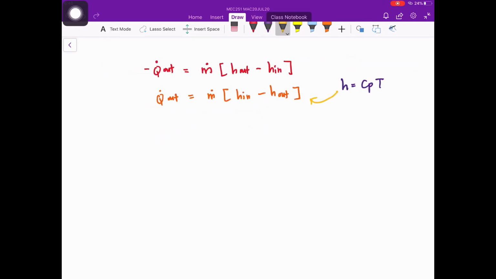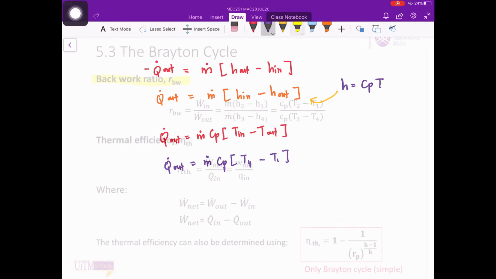If we substitute enthalpy with specific heat at constant pressure Cp times temperature T, since the working fluid is an ideal gas, the final steady flow energy equation will be this expression. With respect to our discussion, the SFEE will be this equation.